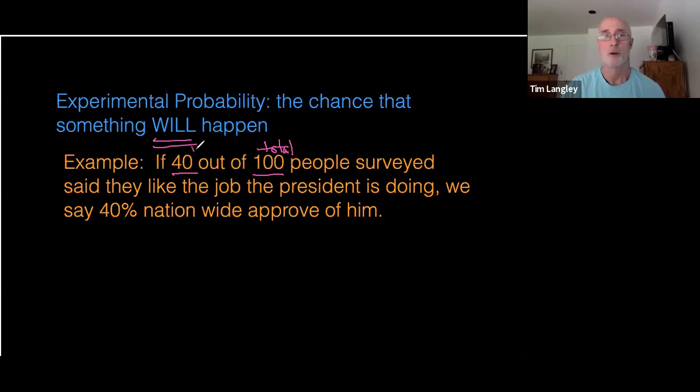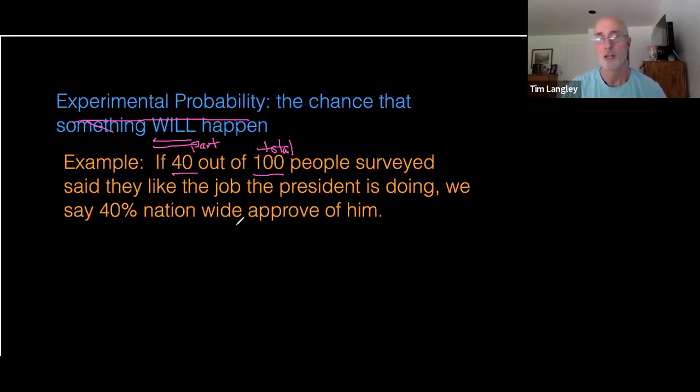And here's my part. This is what we found out. 40 people said that they like the job the president is doing. We say that 40% of the nation approve of him in general. They would kind of extrapolate or guess from that data that the experimental probability of people voting or approving of the job the president is doing is about 40%.